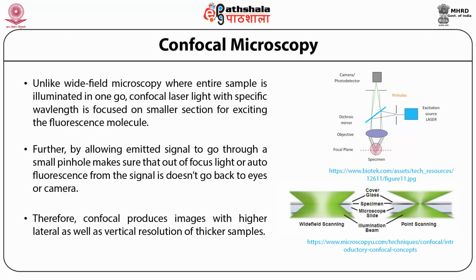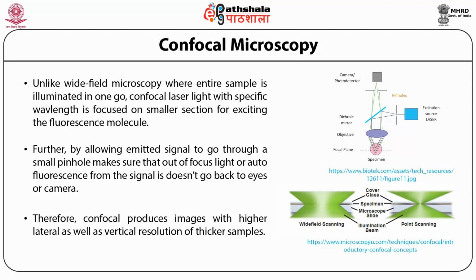We get a much sharper and better image. So the image will have a better lateral as well as vertical resolution in confocal compared to wide field microscopy. And here, as you can see in this schematic, again we're showing how the point spread function or the specimen illumination differs in both cases.